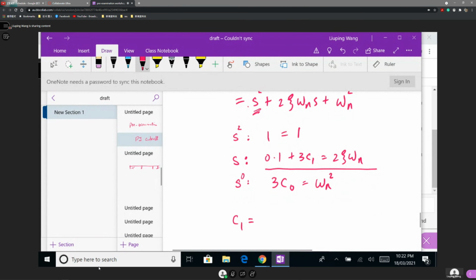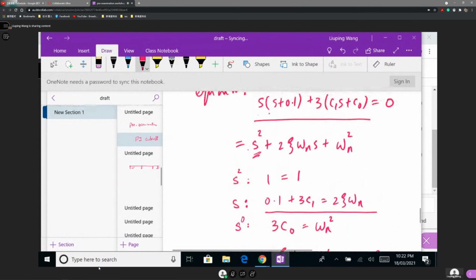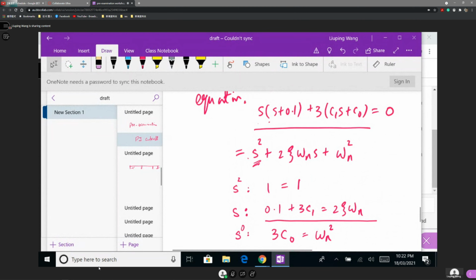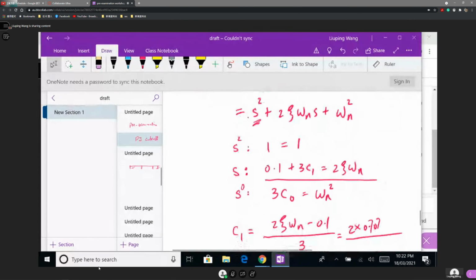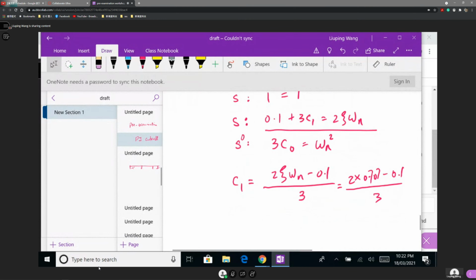C1 is equal to 2 psi omega n minus 0.1, divided by 3. In this case, I get 2 multiplied by 0.707, with omega n equal to 1, and then minus 0.1 divided by 3. That's the answer.